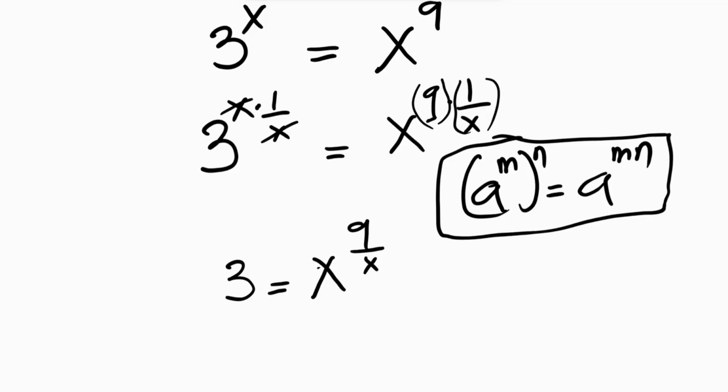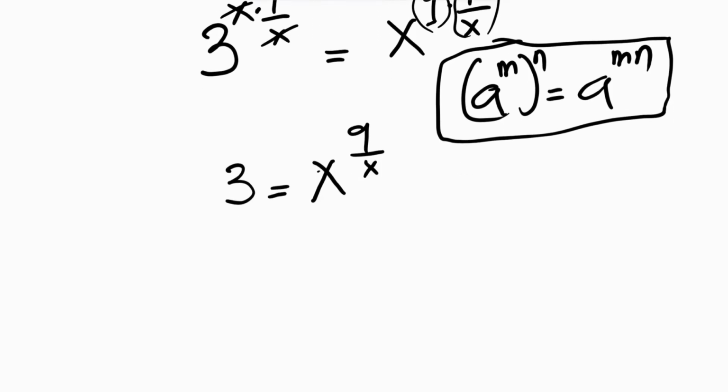Okay, right. So now we're going to do the same thing to the right-hand side. Get rid of the number so that we have just variables on one side and numbers on the other. That means we're going to multiply both sides by 1 over 9. So this is 3 raised to power 1, which is 3, times 1 over 9.